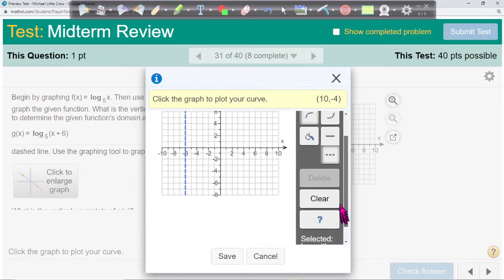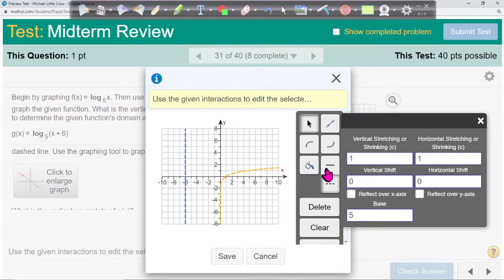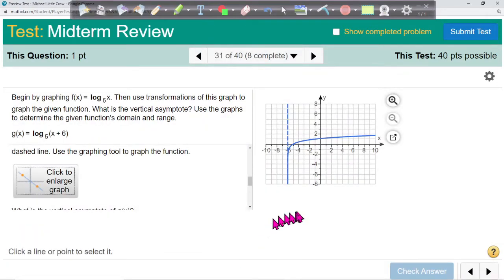Selected logarithm tool. How do we use this? What do we do? Do we just click? Yeah, we just click. Oh, but we want that to be solid. That's good. And again, okay, so now horizontally shifting it. We're going to go to the left, so we'll do -6, right? That should do it. Nothing else needs to happen. And that's all we need to do there.